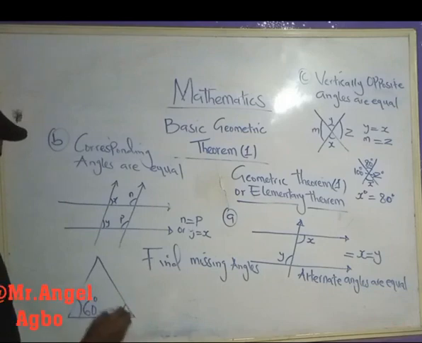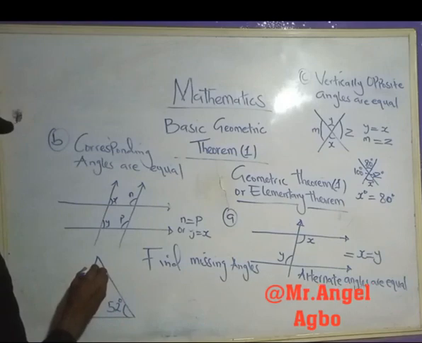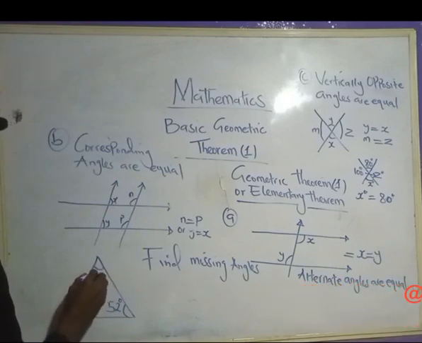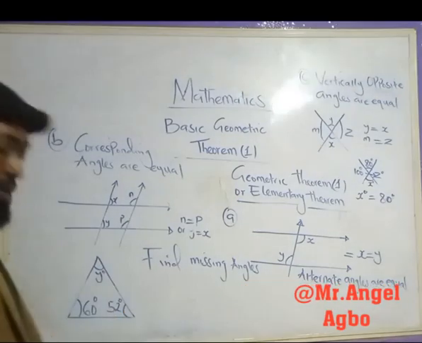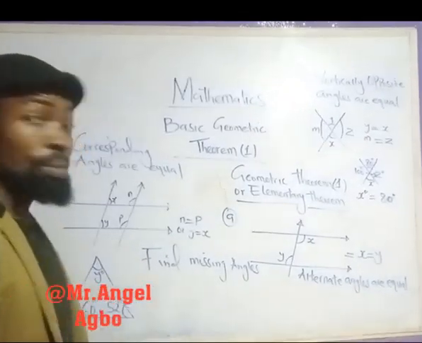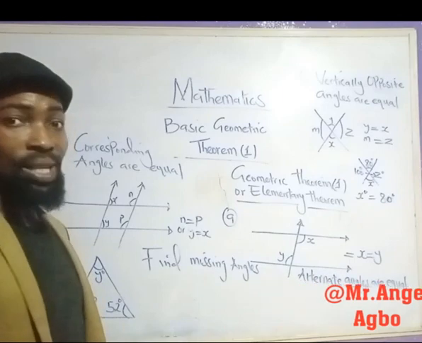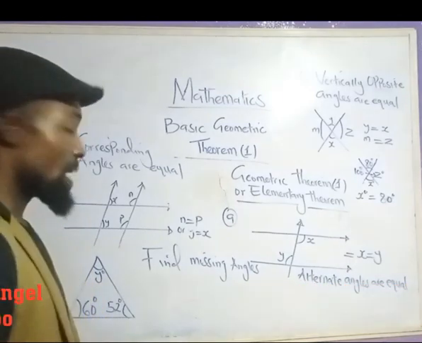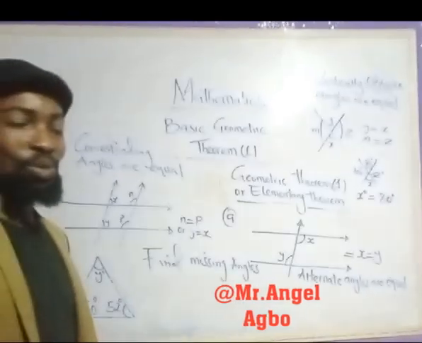We have this as 52 degrees. We have this as y degrees. And you are asked to find the missing angles in this shape. Remember, theoretical geometry deals with the properties of solids and plane shapes. So we can draw any shape and use it to do calculation.